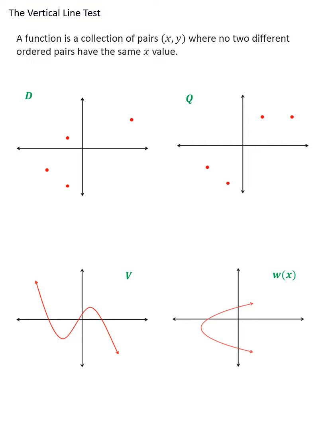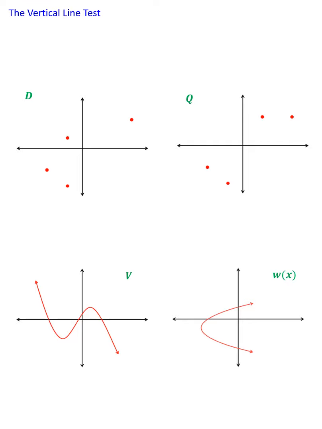So what is the vertical line test then? Well, the vertical line test is a visual test to determine whether or not a relation is also a function. But wait a minute. We just determined through the definition of a function, by the repeated x value concept, which 2 of these were not functions. So why do we need the vertical line test? Whatever that is. Well, you don't.